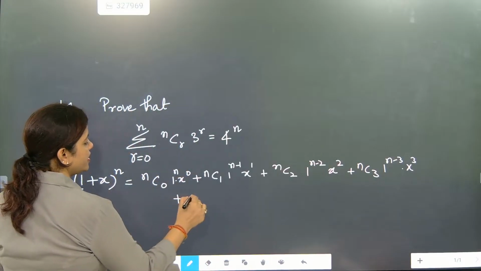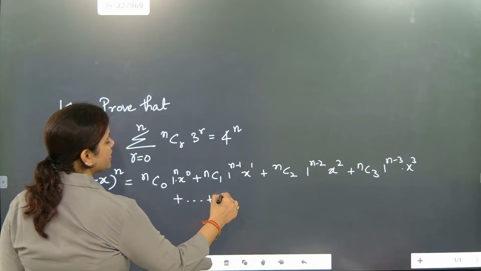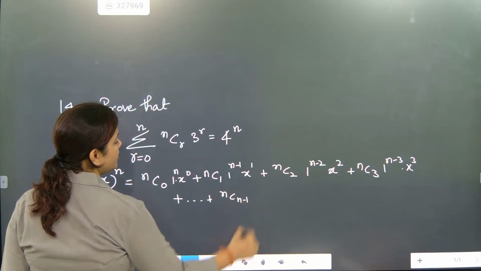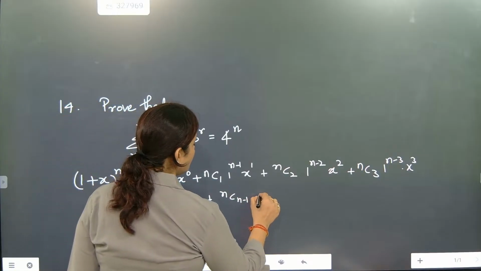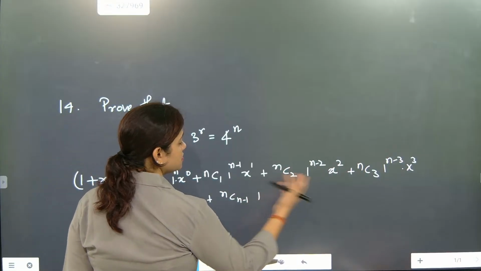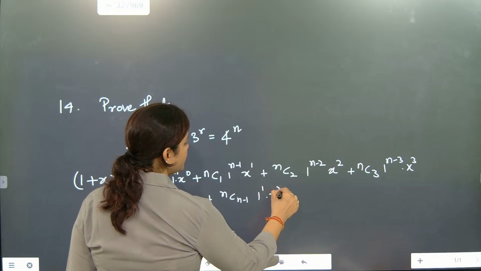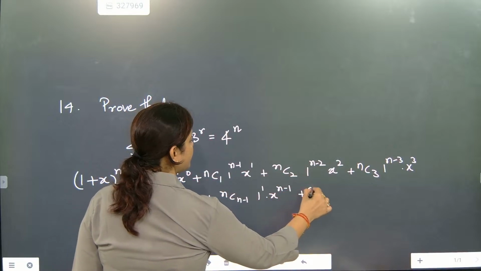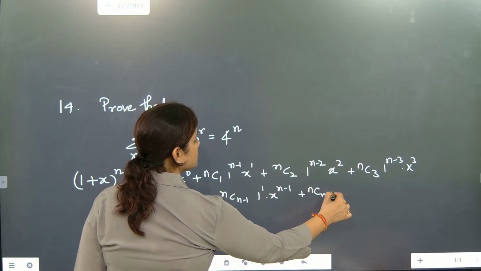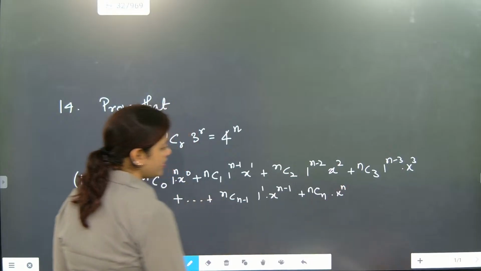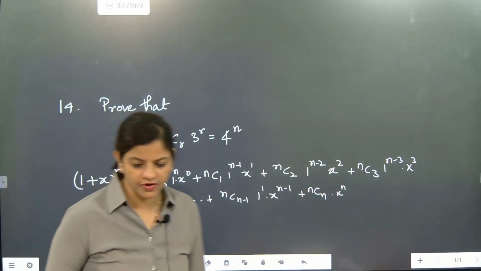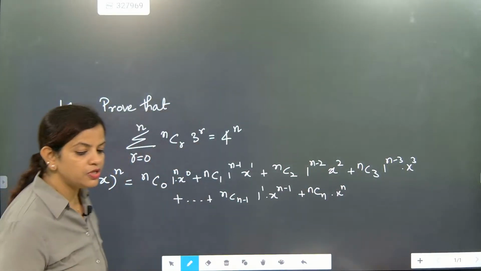In the same way, it will proceed and become nC(n minus 1) 1 x to the power n minus 1, and then nCn x to the power n, because 1 to the power 0 will come.